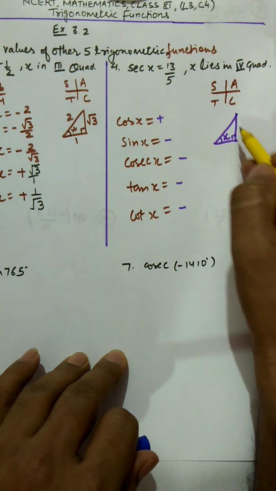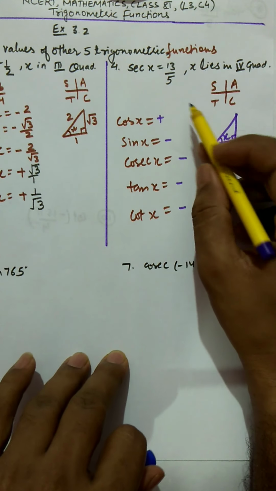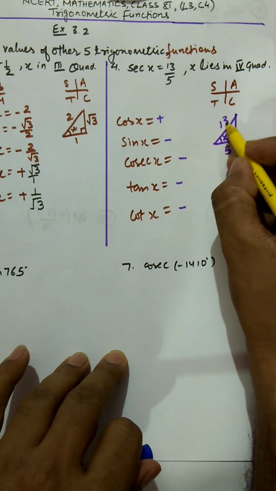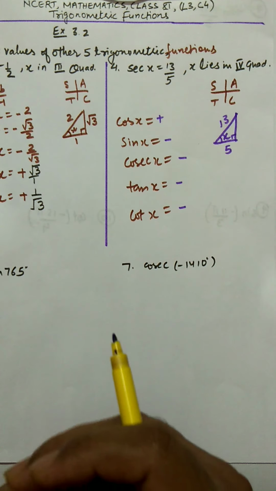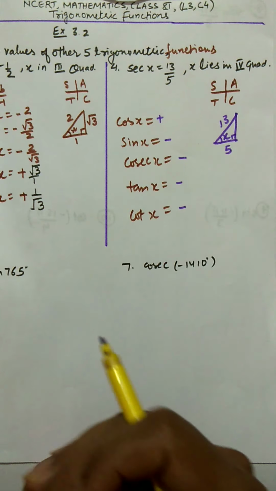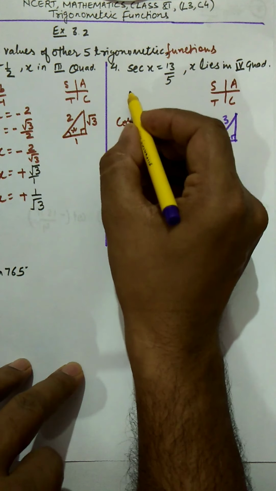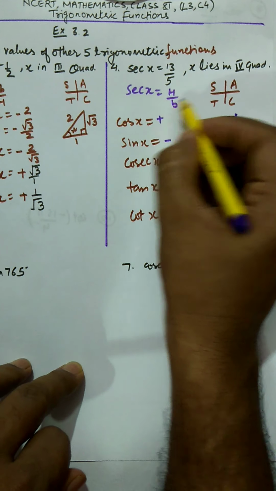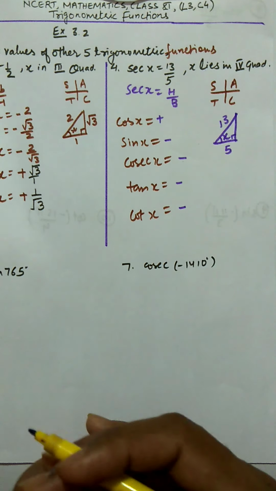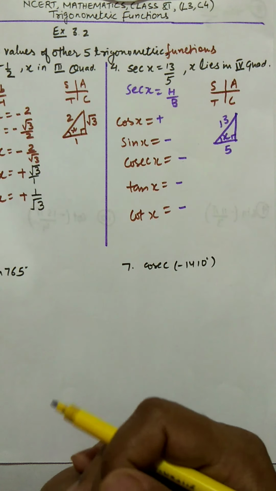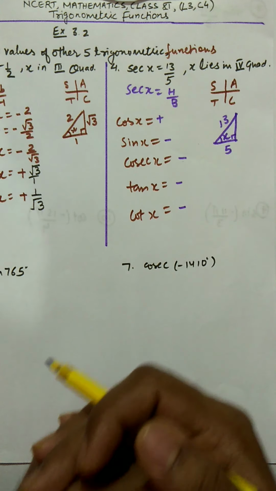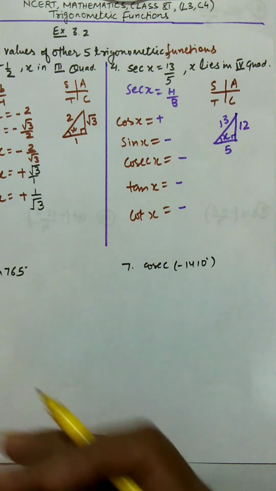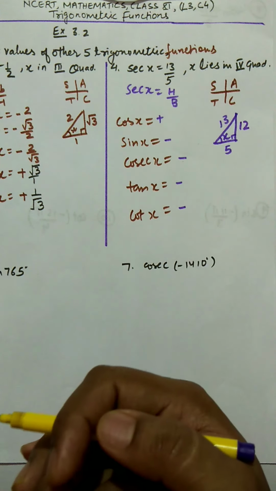This is your angle x, the base is 5 and the hypotenuse is going to be 13, because sec is hypotenuse upon base. Using the Pythagoras theorem I can solve the perpendicular as 12.